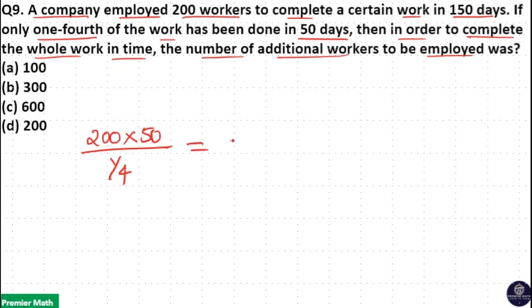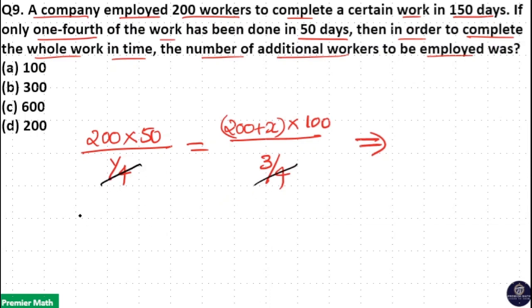Then 200 plus additional number of employees should complete 3/4 of the work. That is 1 minus 1/4 is 3/4. 3/4 of the work in 150 minus 50 days. That is 100 days.